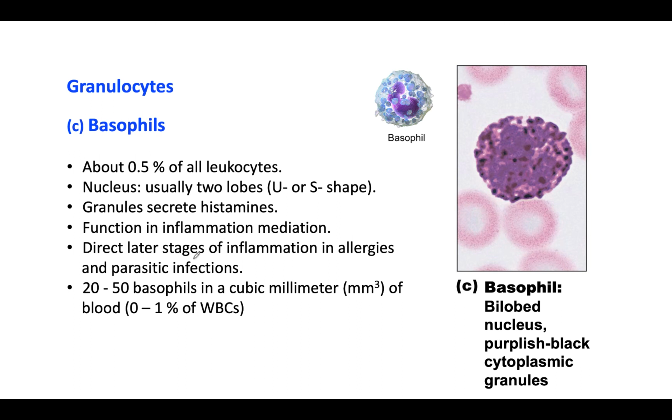And usually the later stage of inflammation can be taken care of by basophil. So early allergic reaction can be handled by eosinophil, but the later stage of inflammation can be taken care of by basophil.